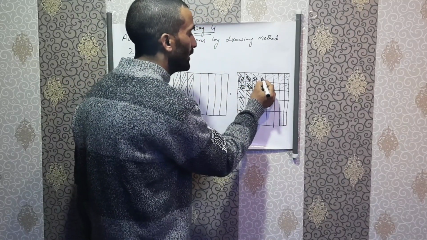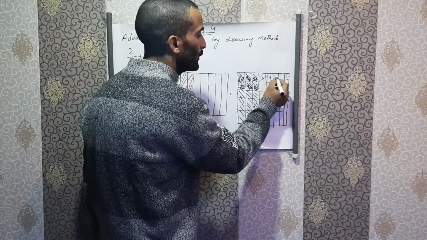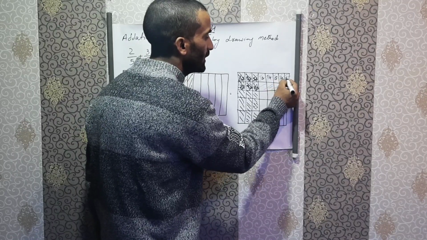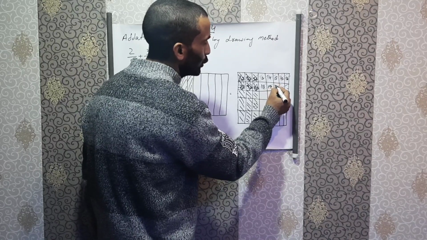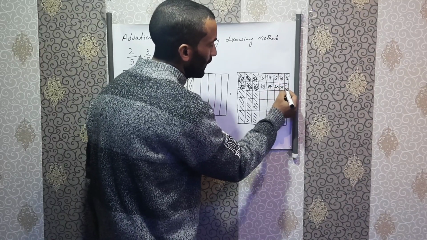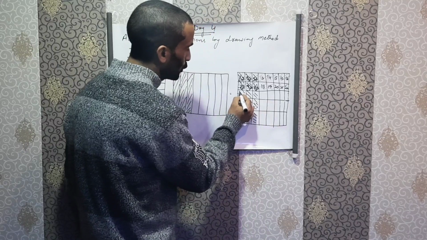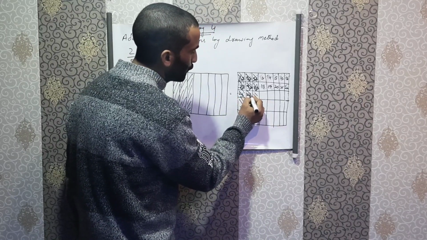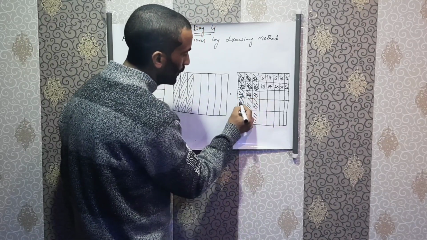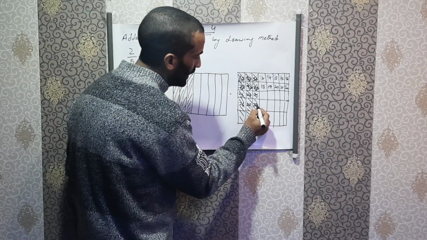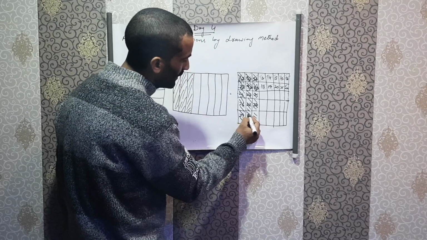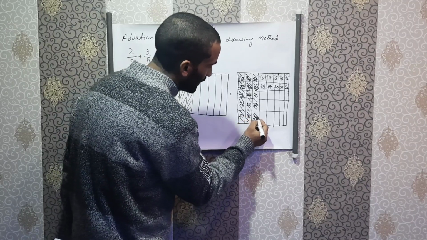This one is 13, 14, 15, 16, 17, 18, 19, 20, 21, 22, 23, 24, 25, 26, 27, 28, 29, 30 and 31.